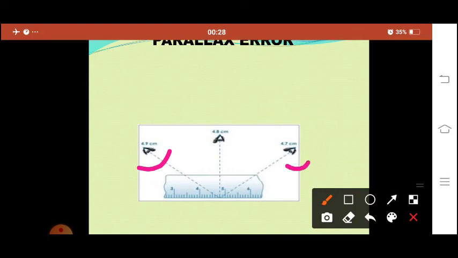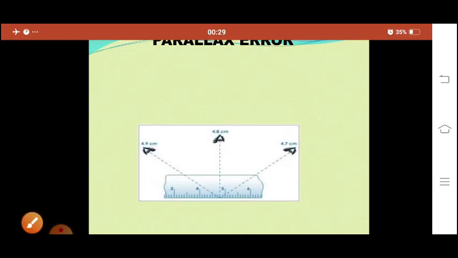If you observe from this side, you will get more. So you should observe parallel to the point you have to read. If you don't follow this, the error you get in the measurement is known as parallax error. So when measuring, first keep the ruler straight, and observe the measurement straight, otherwise you will get parallax error.